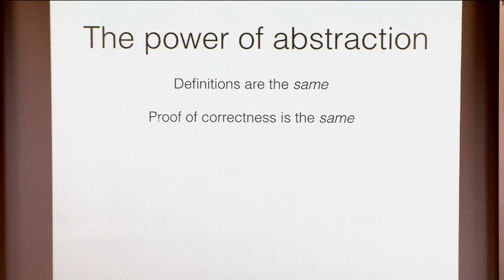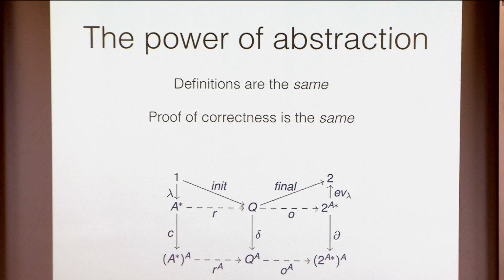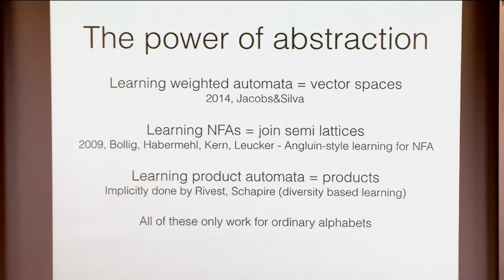And more interestingly, the proof of correctness of the algorithm and termination, so actually termination in Angluin's algorithm is really the proof of correctness, is also the same. And it's also reduced to a pretty butterfly diagram, which again works in any reasonable category.